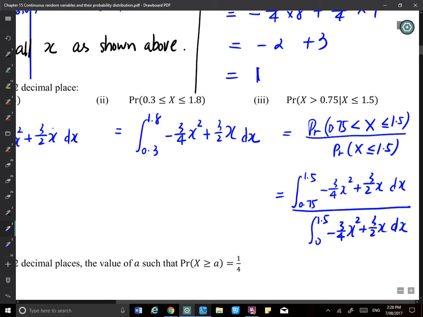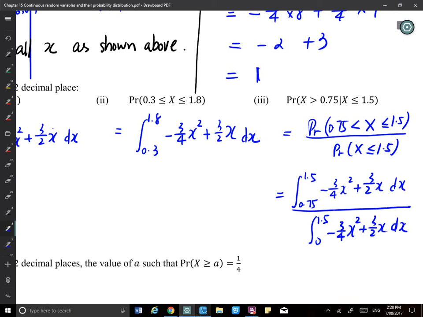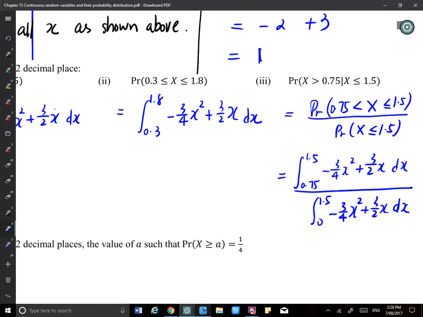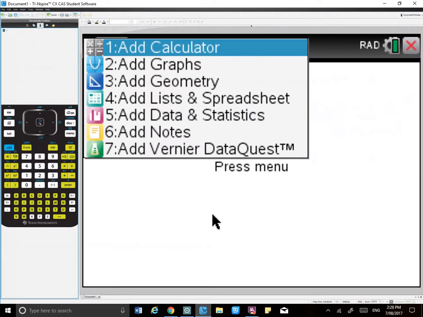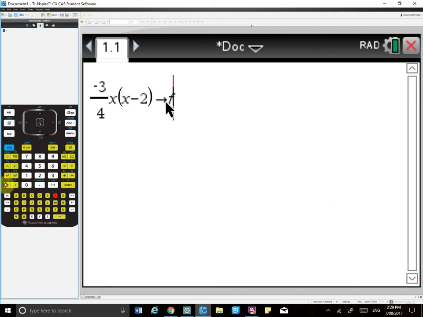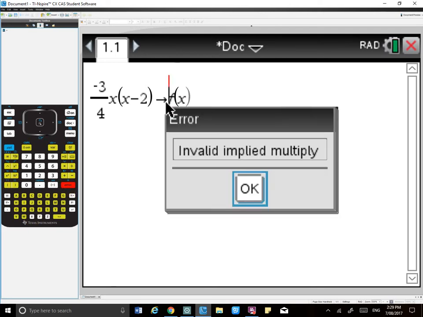Well, you can do it by hand, but it asks for 2 decimal places, so it's a CAS question. I can directly use the calculator to do that. I will define this function here.